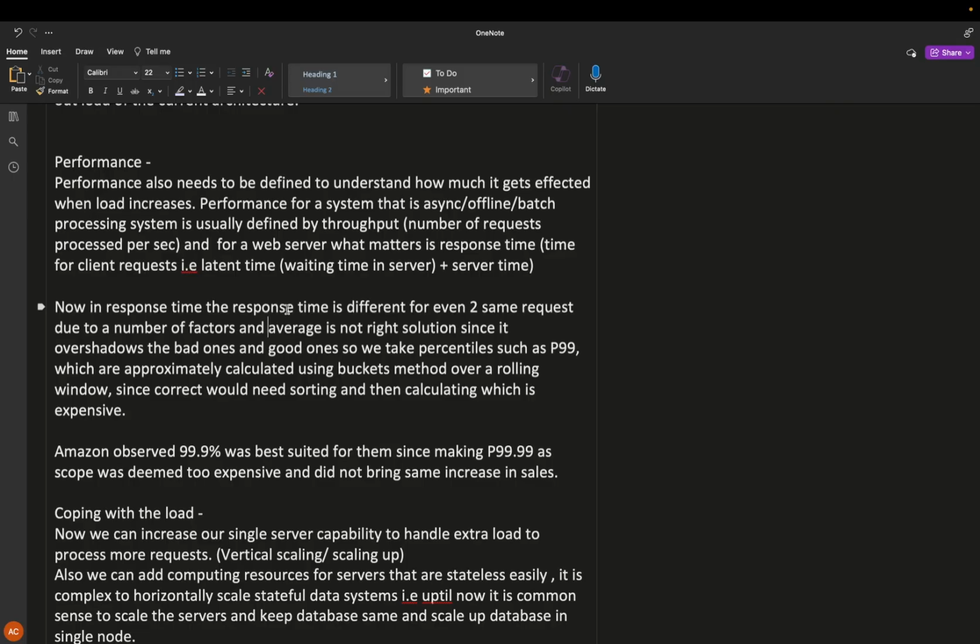P99s are very common. Amazon uses three nines, P99.9, and that is what suits them. They saw business increase with P99.9, but when they supported lower percentiles, they didn't see much increase in sales, and it was very expensive.